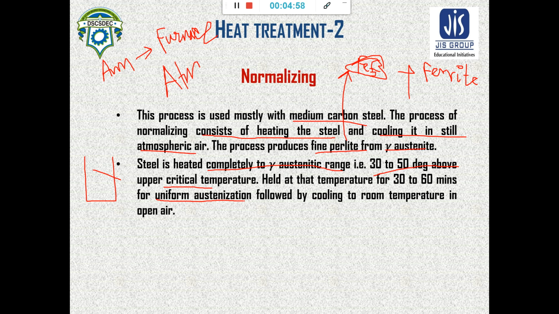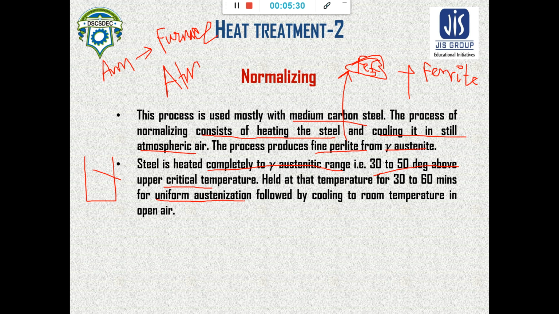So homogeneous austenization can be achieved by homogeneous heating, if we heat the workpiece 30 to 50 degrees above the upper critical temperature and hold it at that temperature for 30 to 60 minutes for uniform austenization.